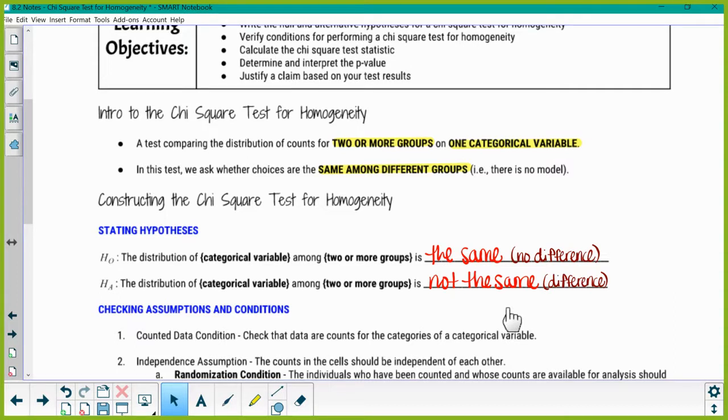Again, you are going to want to sprinkle in your context from the question in order to get credit for correctly writing your hypotheses. That's why I have our categorical variable and two or more groups notated.